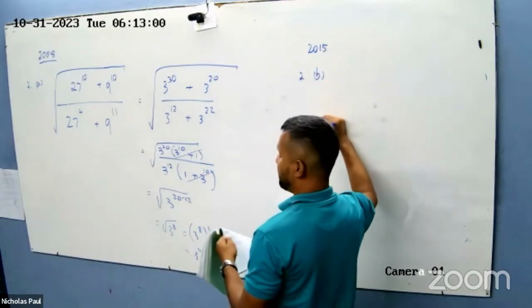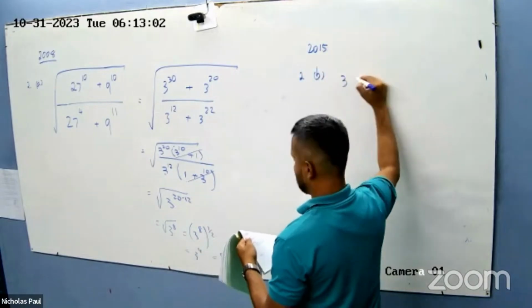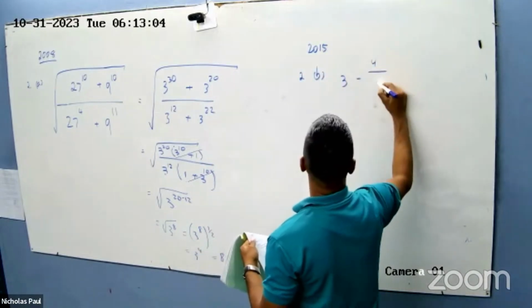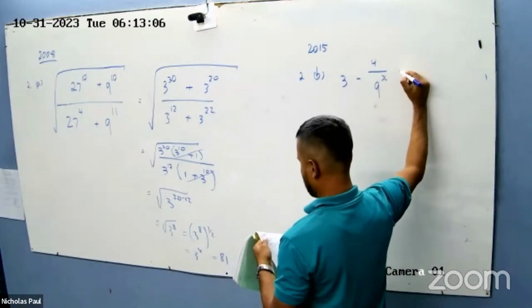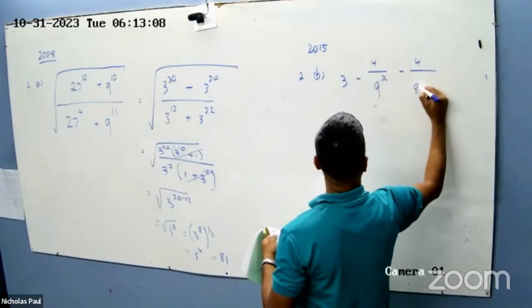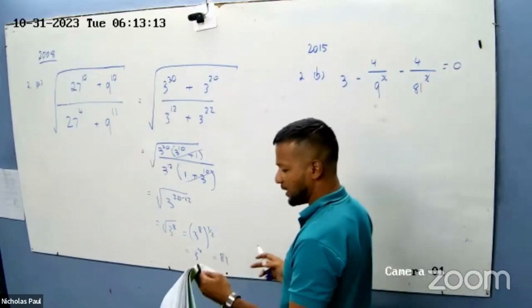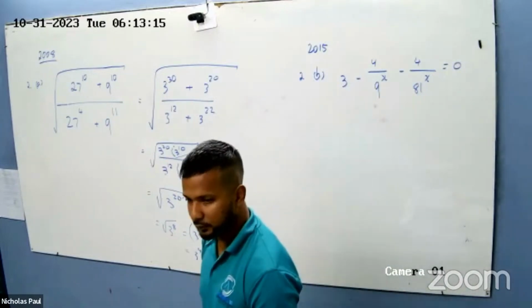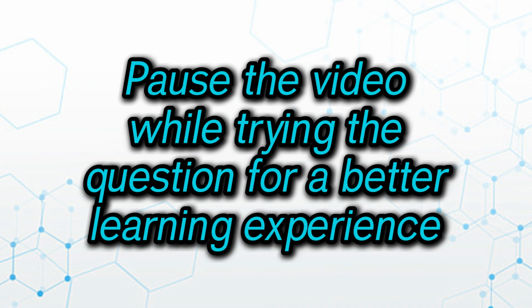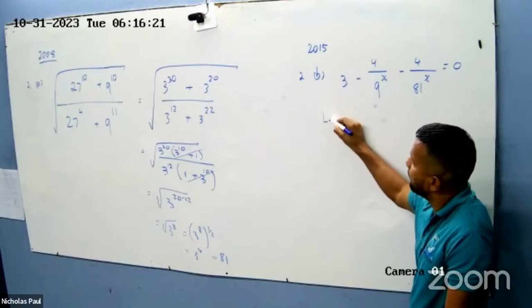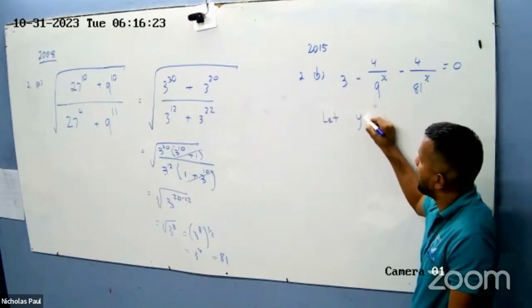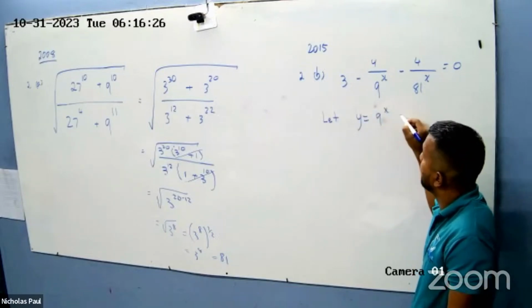Right, 2015, number 2B. Right, by just watching it, it looks like a what? This guy, right? Right, so Brianna said to let y equal 9 to the x.